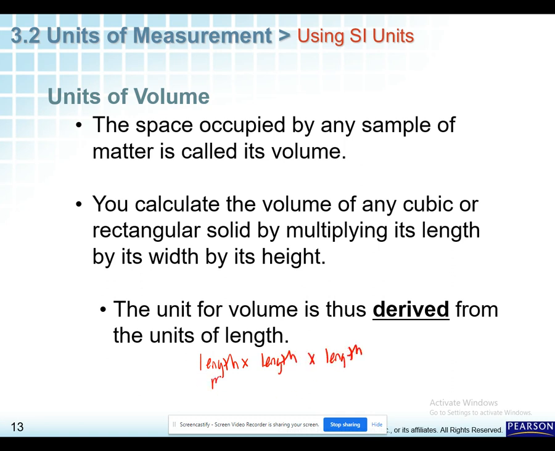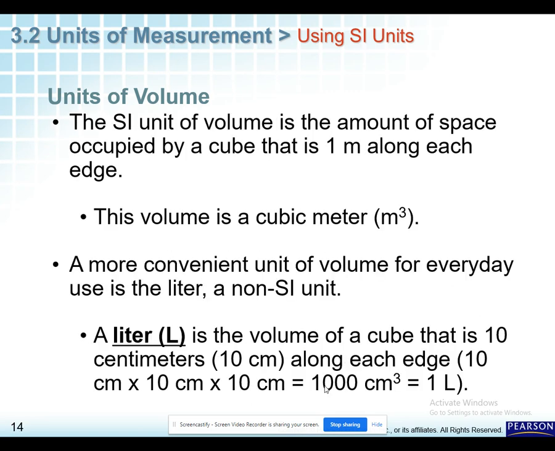The unit for length is meters, and meters times meters times meters gets me meters cubed. So since the SI volume is the amount of space occupied by 1 meter along each edge, like we just showed in the previous slide, the volume for SI is meters cubed.